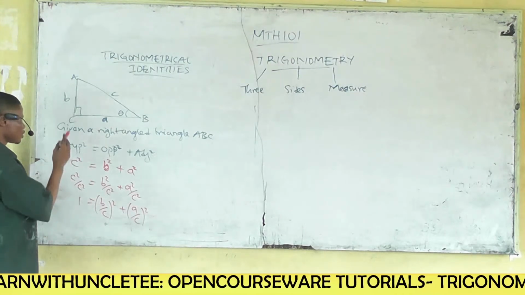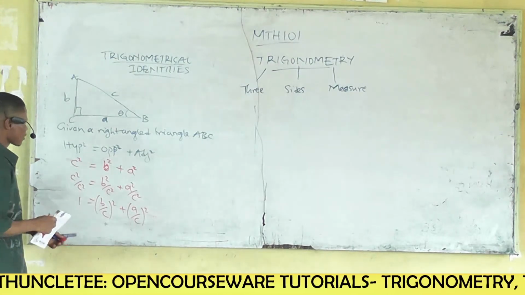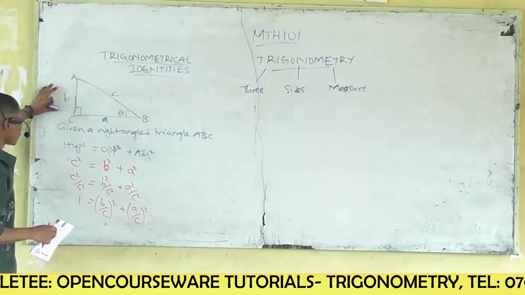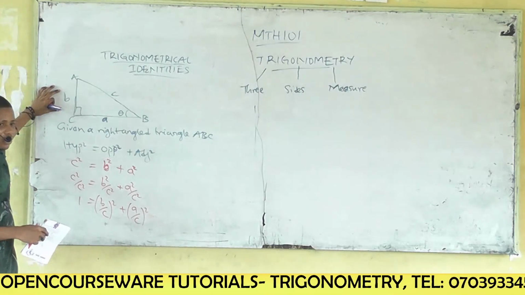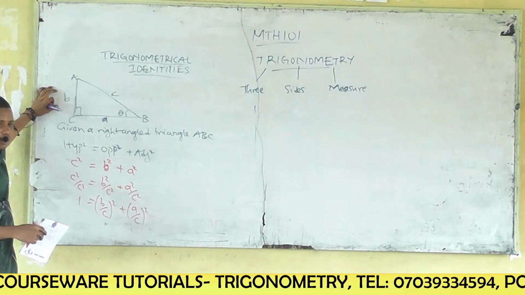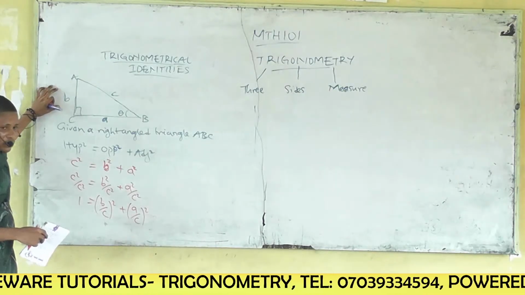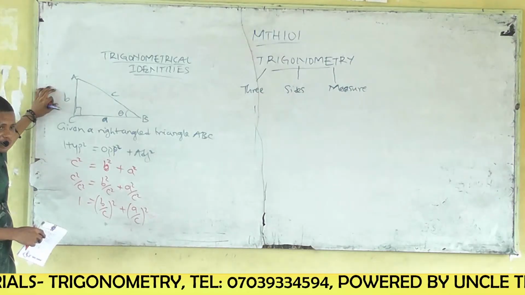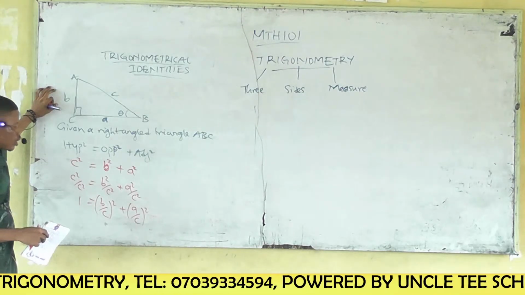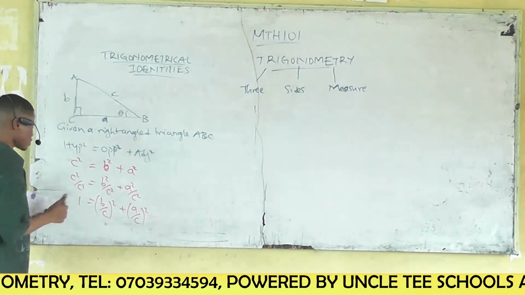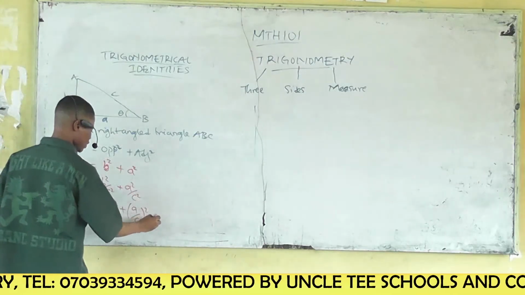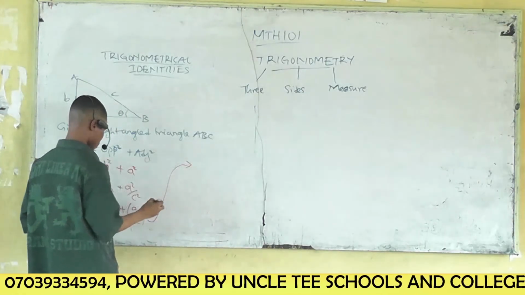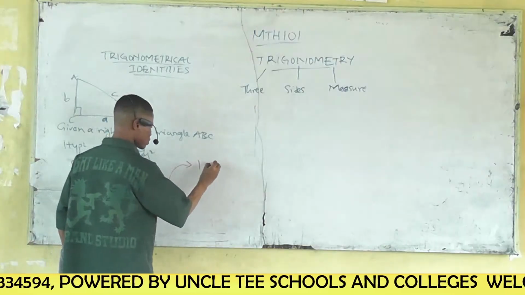Now, if you remember, B over C will give you what? Opposite over hypotenuse. What trig ratio comes to your mind? Sine, Abby. Opposite over hypotenuse. So this gives from here, 1 equals what?